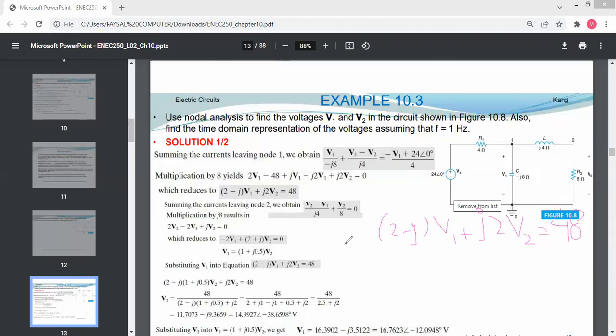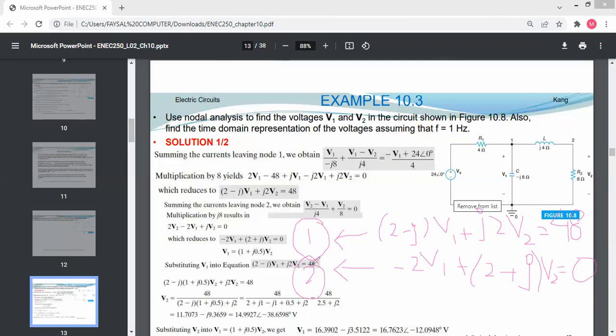Now the next value, this is from my nodal point 2, minus 2v1 plus 2 plus j with the value v2 equals to 0. These are the two basic equations we derived from my nodal point 1 and 2.